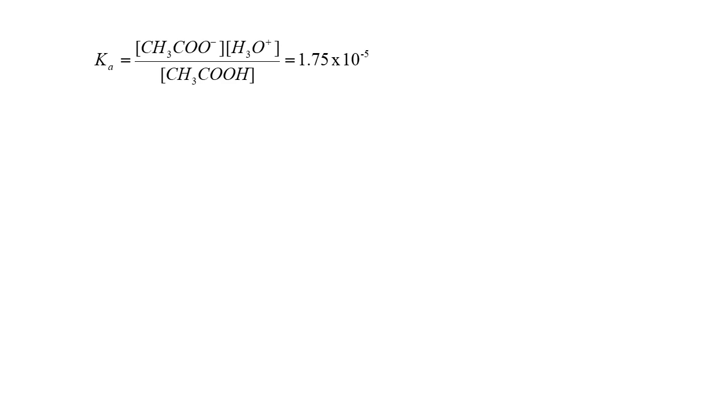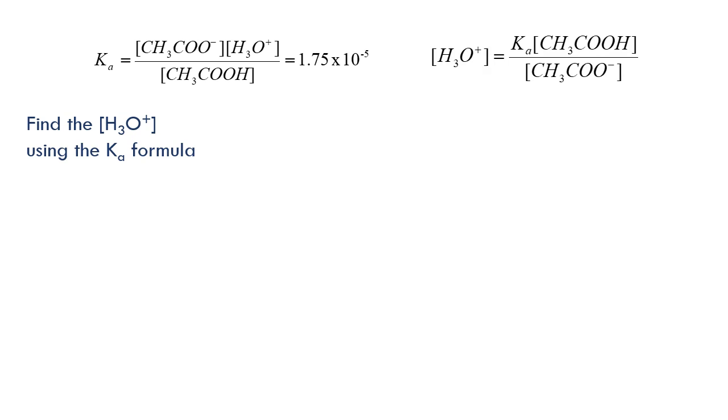Let us first recall the Ka expression for acetic acid, and because we want to figure out the hydronium ion concentration in order to determine the pH, we can rearrange this expression for hydronium ion concentration. At this point, we know the Ka for acetic acid, and we have the concentrations for acetic acid and also for acetate ions.